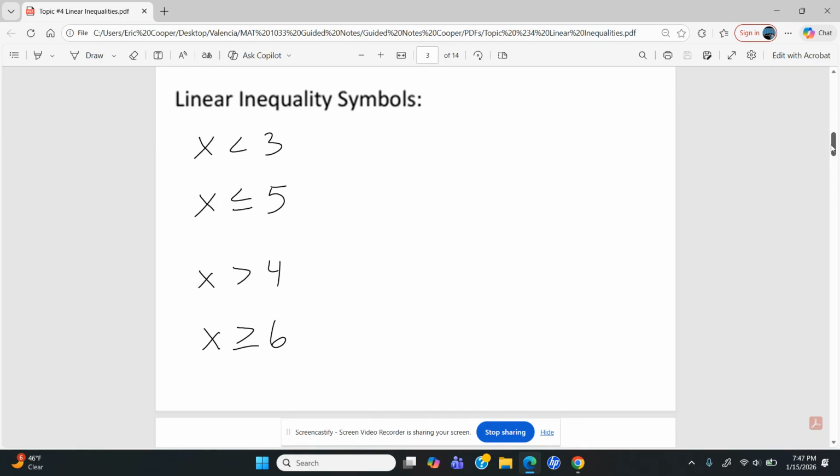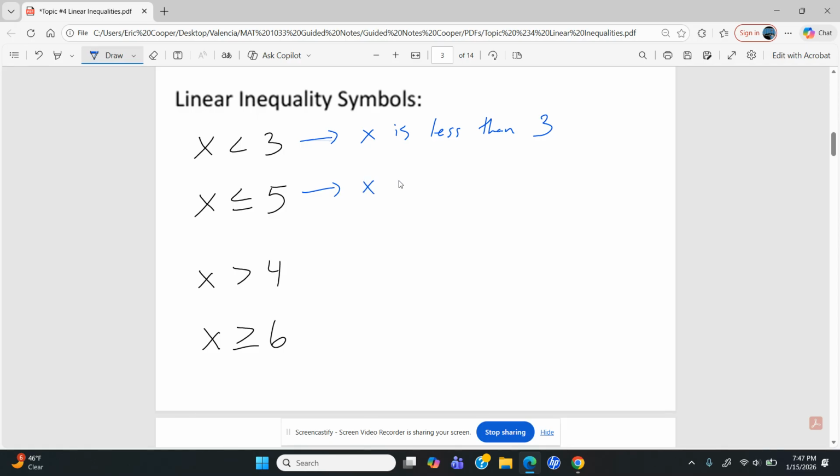To begin, let's introduce you to our 4 inequality symbols and what they mean. Here I have them written down. The first two are less than symbols. The first one is saying x is less than 3, meaning I need to pick a number that's less than 3, not including 3, because 3 is not less than 3.